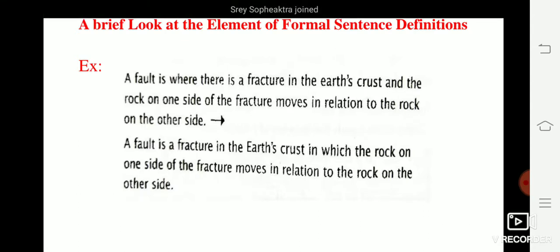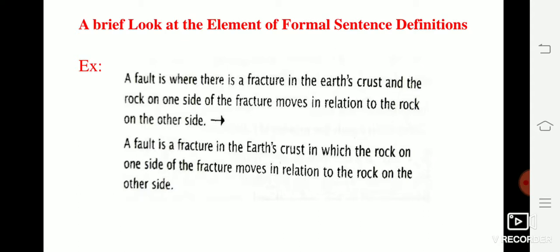A fault is where there is a fracture in the earth's crust and the rock on the side of the fracture moves in relation to the rock on the other side. Here they delete "where" and say a fault is a fracture in the earth's crust in which the rock on the side of the fracture moves in relation to the rock on the other side.